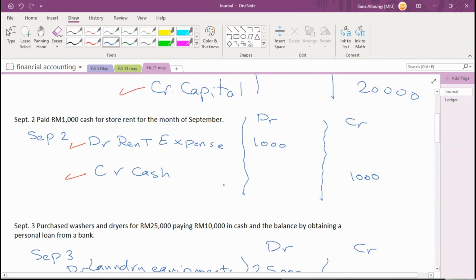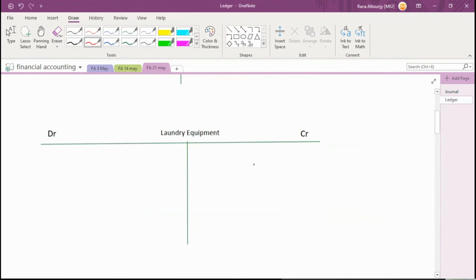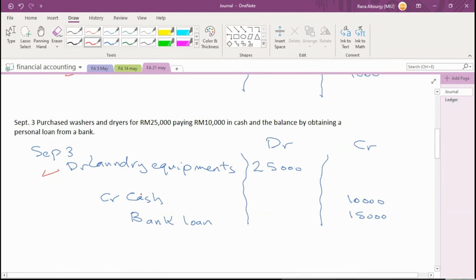The third transaction, debit laundry equipment, credit cash and bank loan. First, we write the first side, which is laundry equipment. We go to the debit side of the laundry equipment. Here we have to write those posted accounts in the credit side.